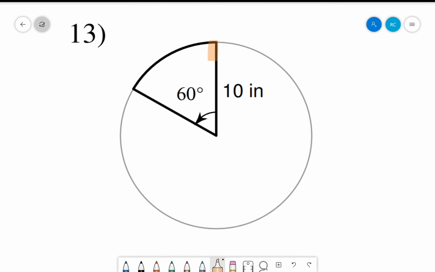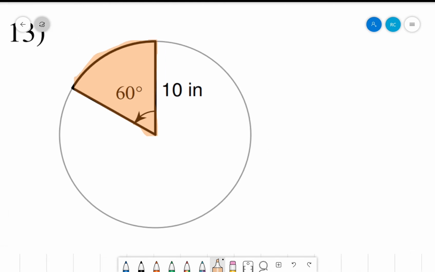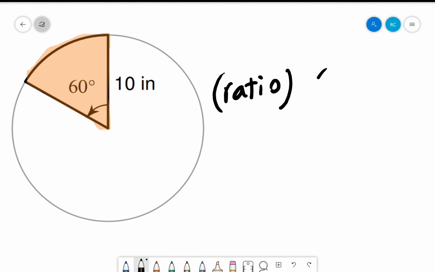So here is the wedge that we're looking to take the area of. We don't want the area of the whole circle. We just want the area of that one highlighted wedge. But this is going to work exactly the same as finding arc length. When we found arc length, we took the ratio, the fraction of a circle that we had, and we multiplied it by the circumference in order to get what the arc length was.